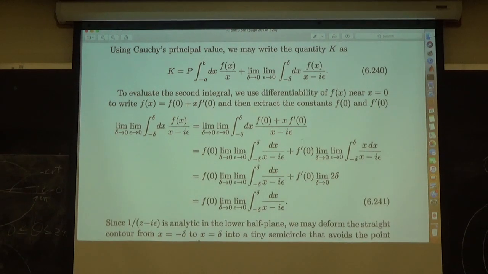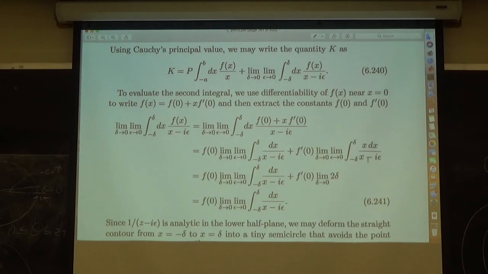And then we have f prime of 0 times this. Well, because x is in the numerator and the denominator, this is a finite expression. The magnitude of the thing is the magnitude of x divided by the magnitude of x minus i epsilon.